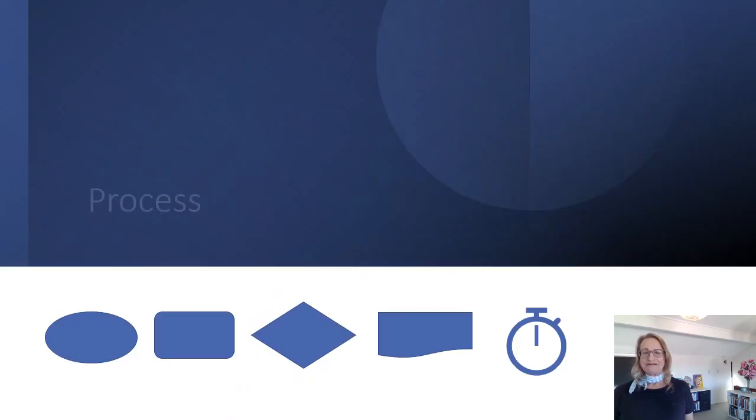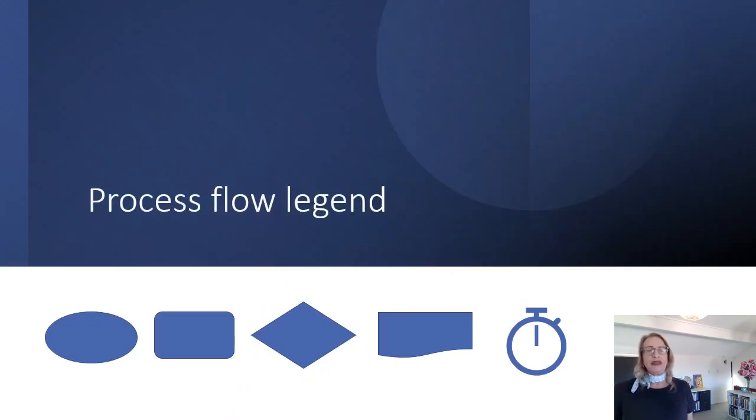When we're dealing with process, you want to determine the legends that you're going to be using. If you're using Microsoft, for example, they actually have process legends within the Microsoft toolbox. If you're using Google or something else, you might have to create the shapes and agree on what those shapes are.